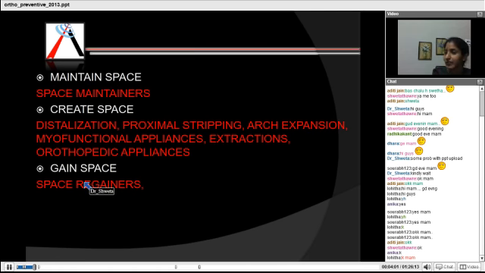Gain space, when there has been space loss by mesial tipping or distal tipping of teeth and new teeth are erupting at that time, you need to gain space with the help of space regainers. And everything else like distalization, proximal stripping, arch expansion, myofunctional appliances, extractions, orthopedic appliances, they all modify and create space. Okay, that is all during the developmental period.